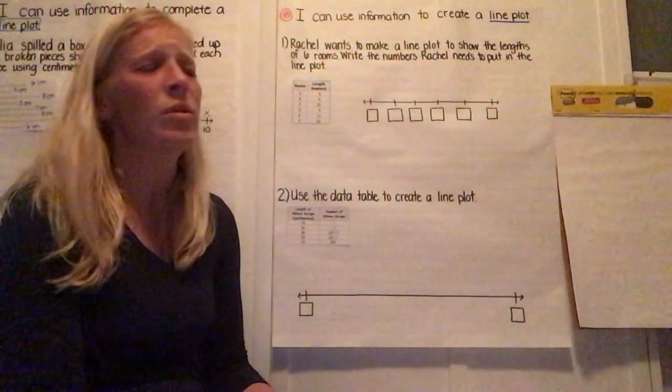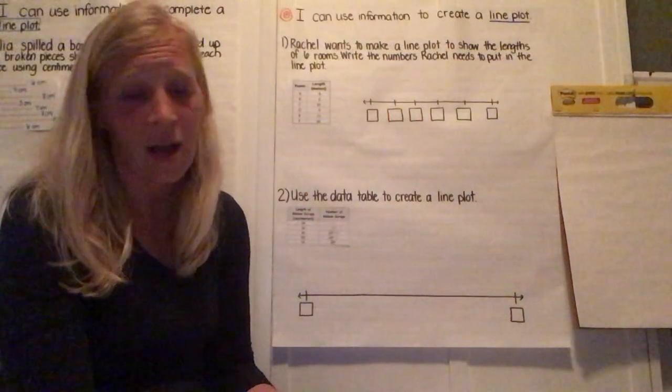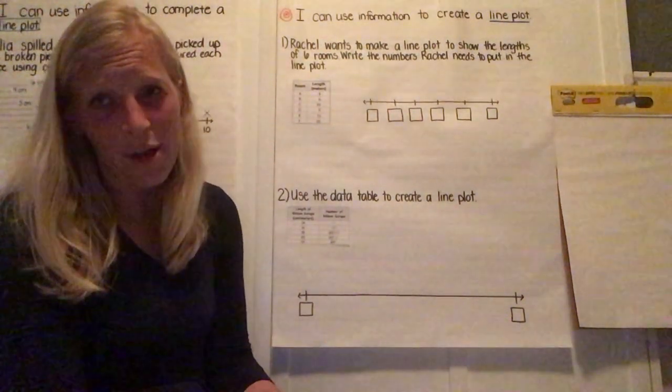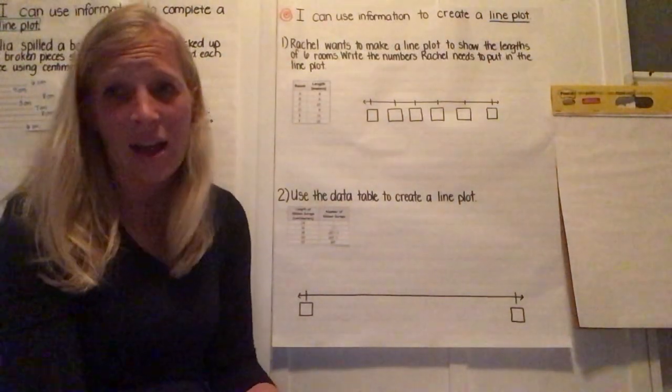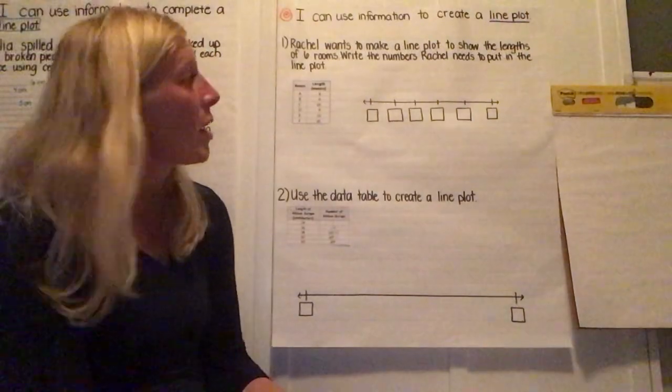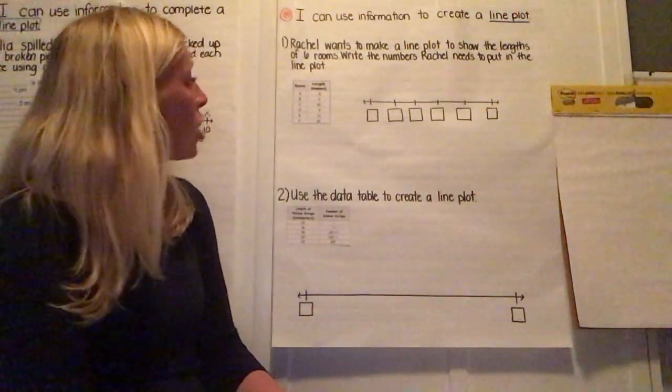And we've continued to see graphs throughout the school year. But these line plots remind me a lot of that as well. Kind of a combination of our number lines and our graphs, because it is a way to organize our information, okay? So you have a job today.